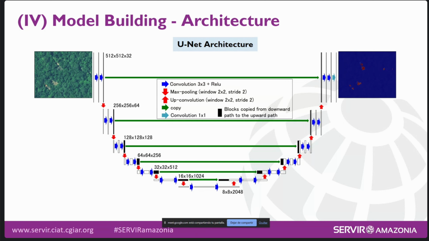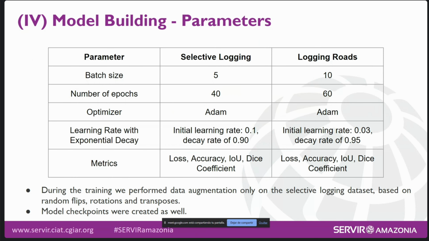Next one, please. Okay, so for training parameters, in the case of the selective logging dataset and the logging roads dataset, we use different batch sizes and different number of epochs. In the case of logging roads, we use 60, whereas in the case of selective logging, we use 40. We use the same Adam optimizer.